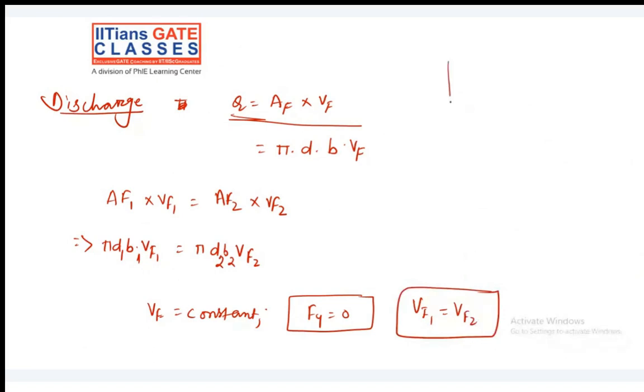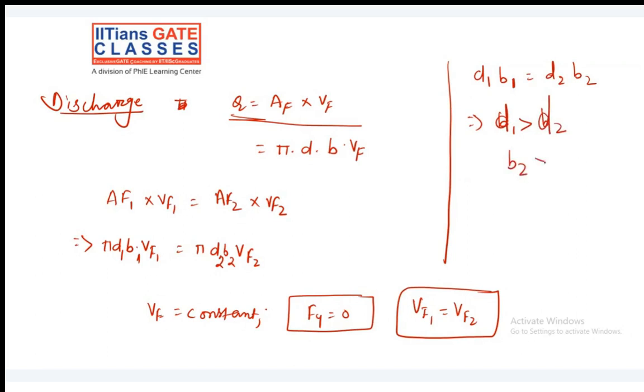So can I say one more thing from this, that d1 b1 is equal to d2 b2, and I know that d1 is greater than d2, that means b2 is greater than b1.